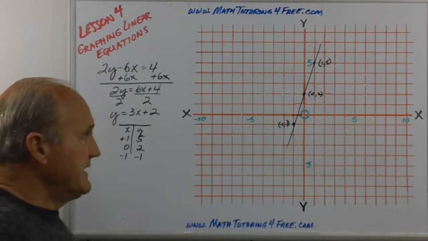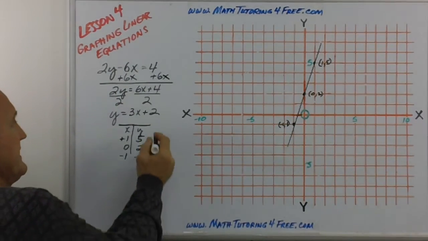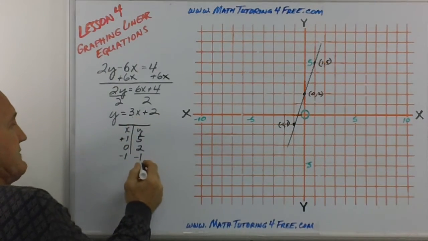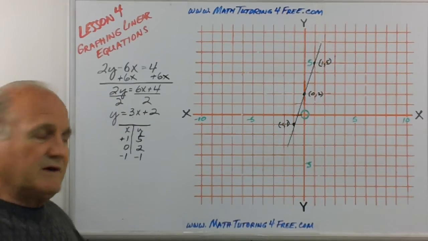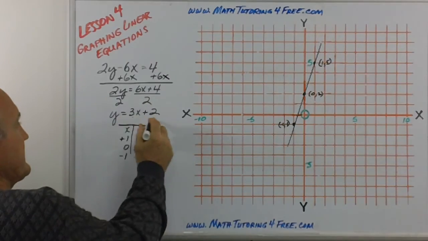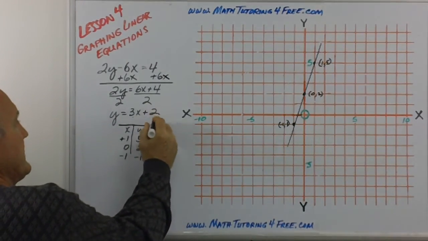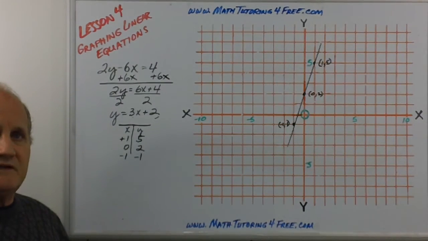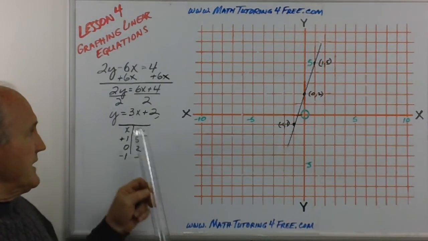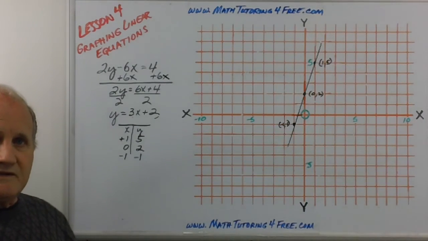If you look at it, you'll notice that when x is 0, y is 2. That's the y-intercept. So just looking at the equation, we know that that 2 is the intercept point, so that's an easy point. On another lesson, we're going to talk about the slope.